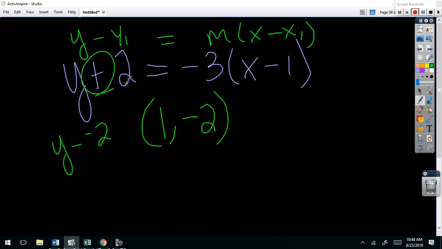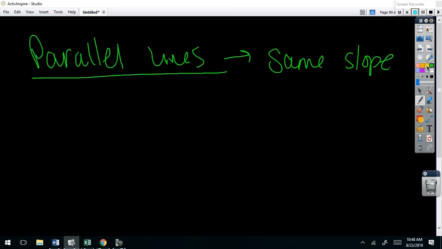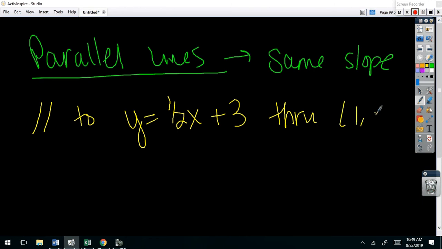Tell me what you know about parallel lines. They have the same slope. They never intersect. Same slope. What if I asked you to write the equation of a line that is parallel to this line, but goes through the point 1, -8?